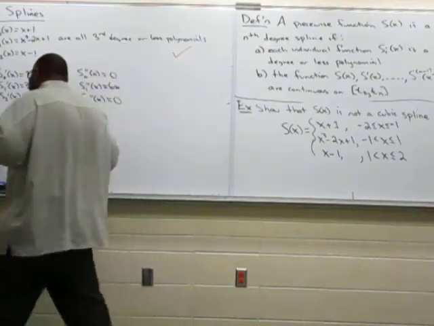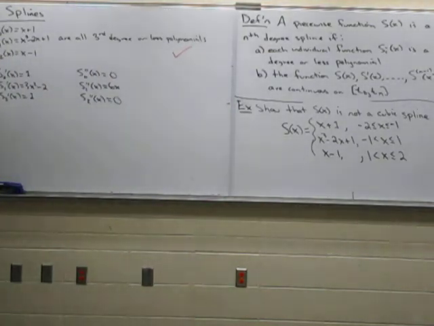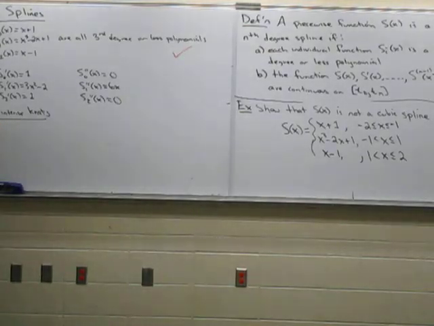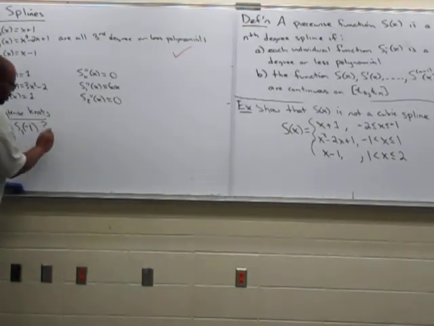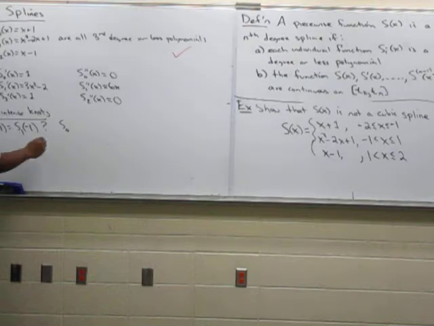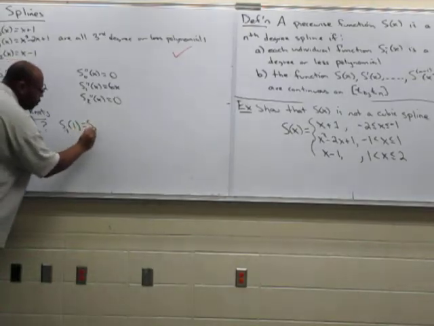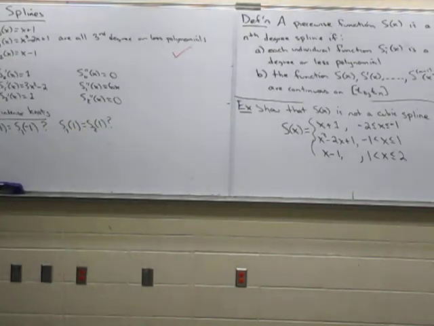All right, we need to check interior knots. I need to see: is s0 at -1 equal to s1 at -1? And is s1 at 1 equal to s2 at 1? I need to check both of those.